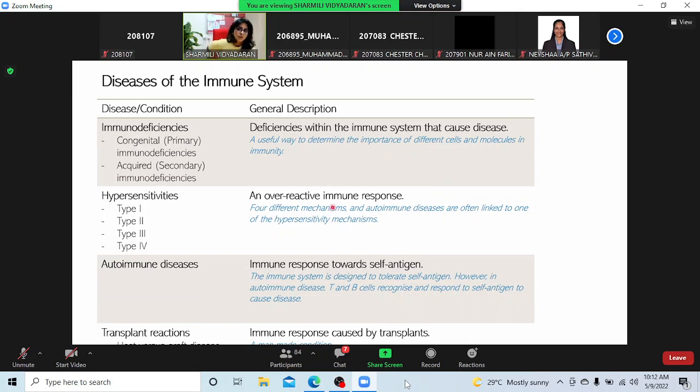Towards the end of the immunology course, you're going to learn about diseases of the immune system, but I'm going to summarize for you and give you a very quick overview. You're going to learn about immunodeficiencies, hypersensitivities, autoimmune diseases, and transplant reactions. So, your immune system can cause you disease in different ways.